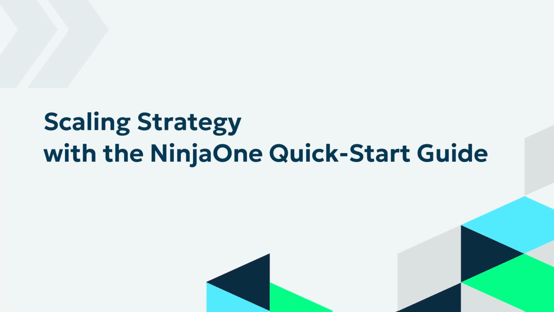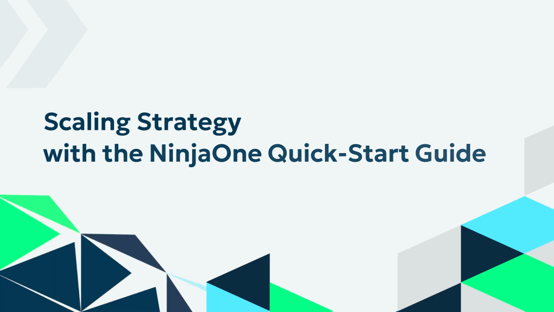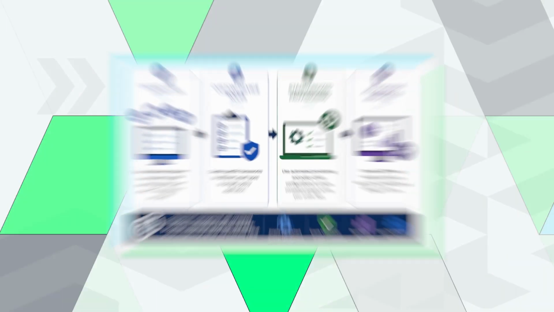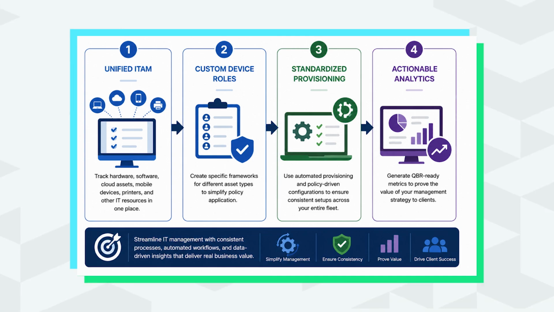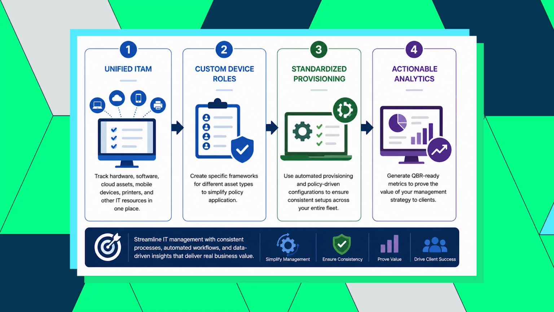Scaling strategy with the NinjaOne Quick Start Guide. Scaling requires a centralized platform that can handle more than just standard workstations. Unified ITAM. Track hardware, software, cloud assets, mobile devices, printers, and other IT resources in one place. Custom device roles.